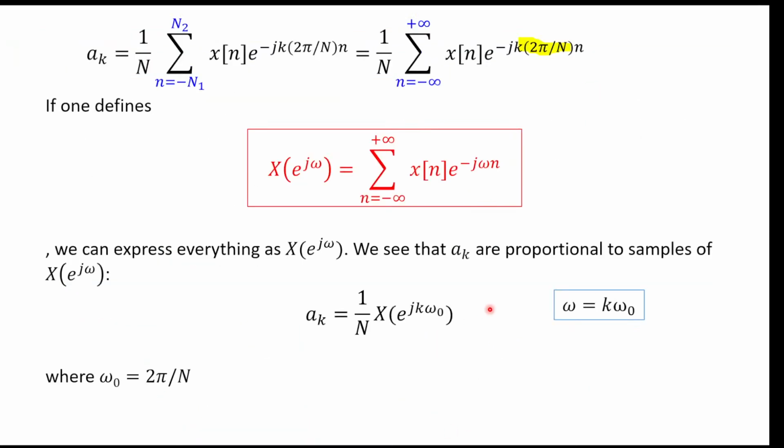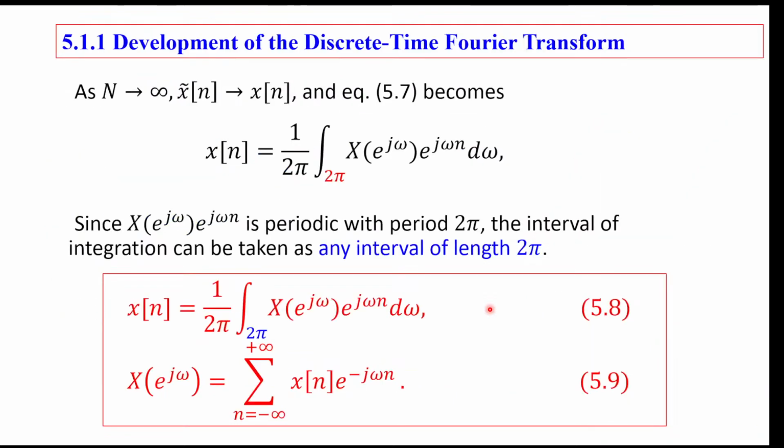So we have this kind of hand-waving argument, that as N goes to infinity, x tilde of n goes to x of n, and so we have x of n as a function of big X like this: x of n equals 1 over 2 pi, integration over a range of 2 pi, of big X of e to the j omega times e to the j omega n d omega. And because those two functions are periodic with period 2 pi, the integration interval can be any interval of length 2 pi.